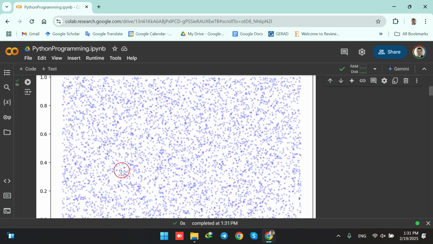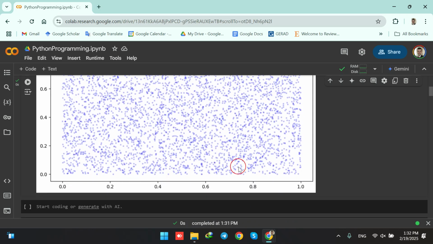Okay, so when we see all the points here, if they are not very transparent, it means that it's 1 point or 2 points. But when we see the overlaps here, they are more opaque. So we can easily trace the overlapping here.